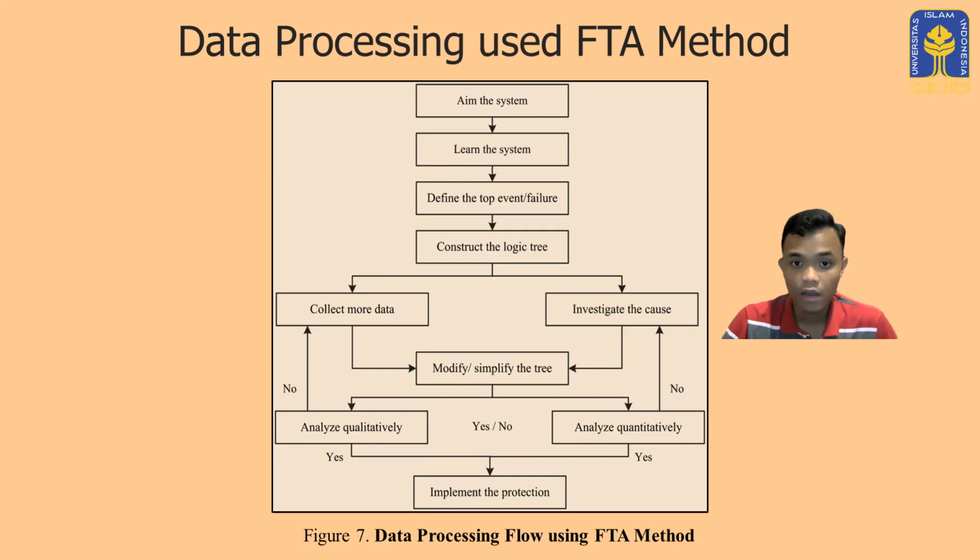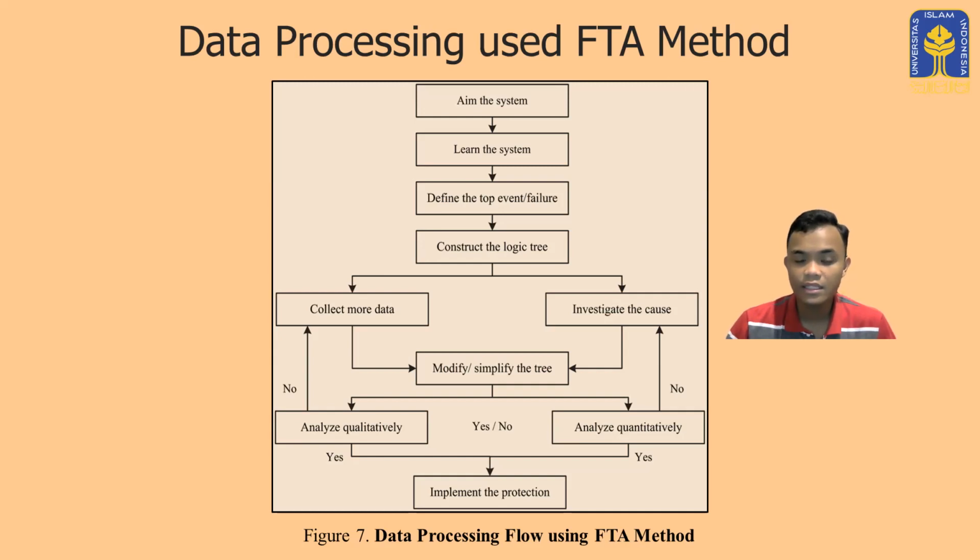After we define the failure, we can construct the logical tree. After we construct the logical tree, we can collect more data and investigate the cause. After that, we can modify and also simplify the tree. If the tree is already modified and simplified, we can analyze the tree qualitatively and quantitatively.